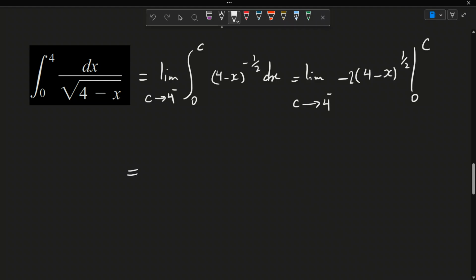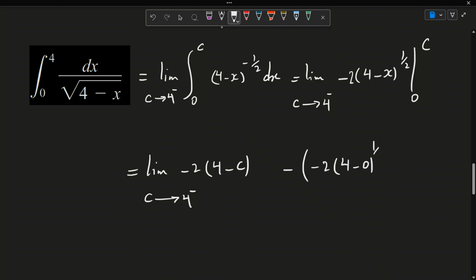So at upper limit, we need to write a limit, which is minus 2 times 4 minus c, when c approaches 4 from negative side, minus. At lower limit, we have minus 2 times 4 minus 0 to the 1/2.